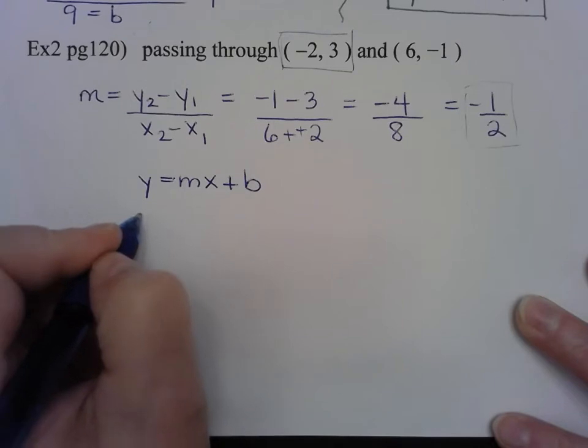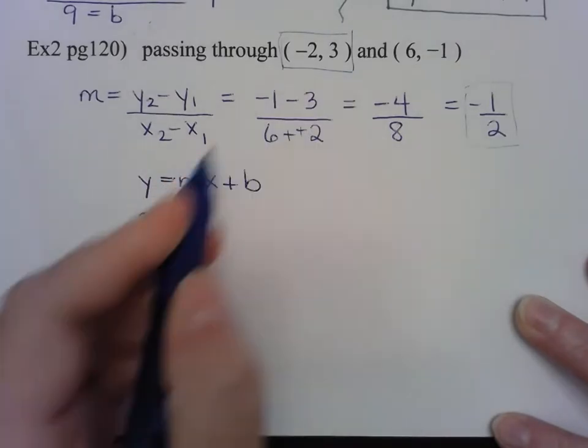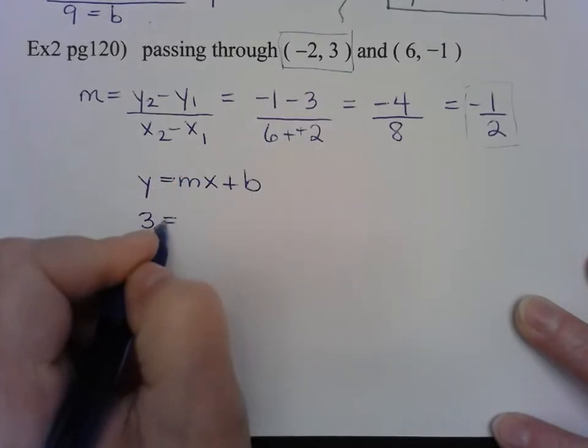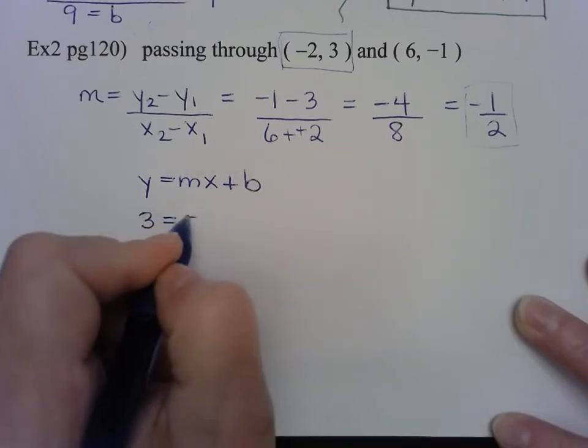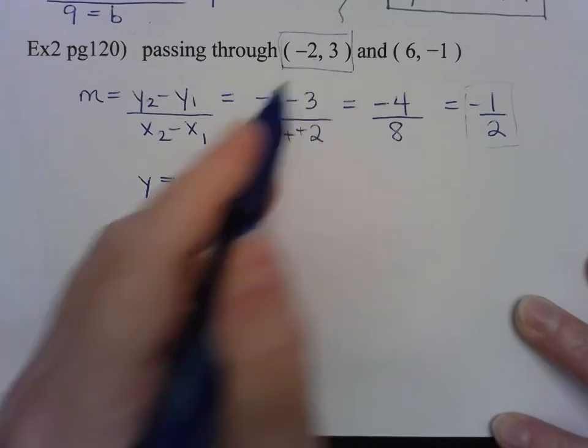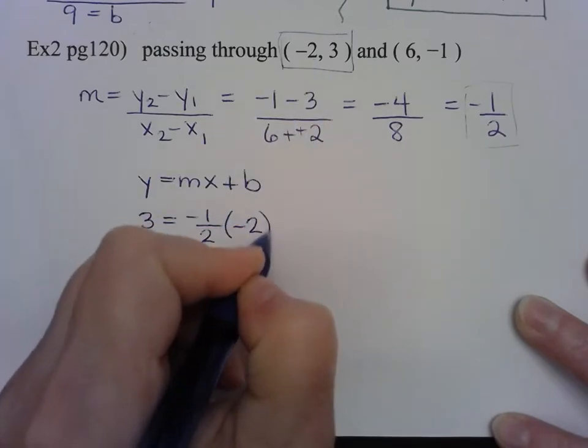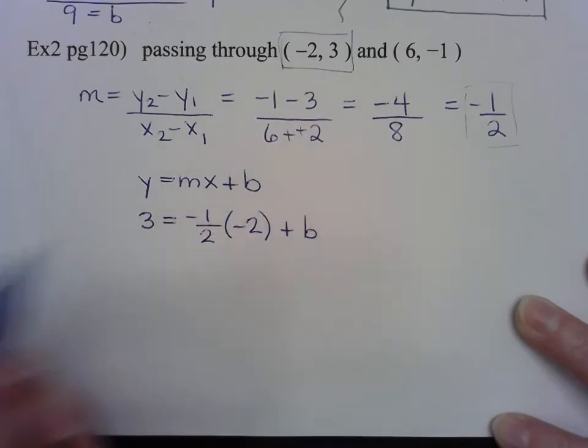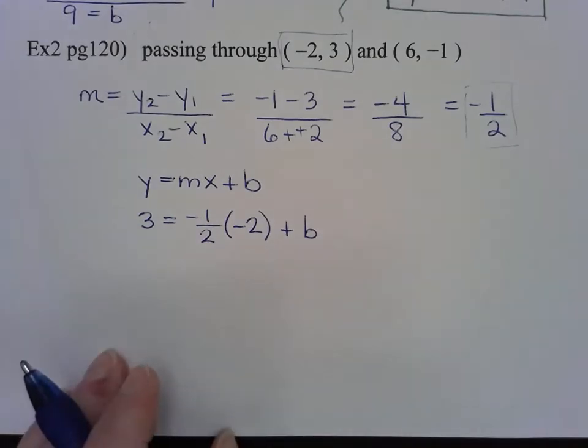I'm going to plug in 3 from my point for the y value. I'm going to plug in my slope for m. I'm going to plug in -2 for my x value. And I'm doing all this because I still need to find the b.